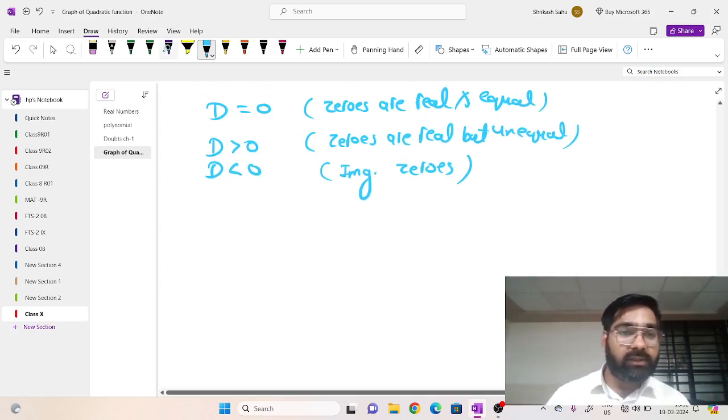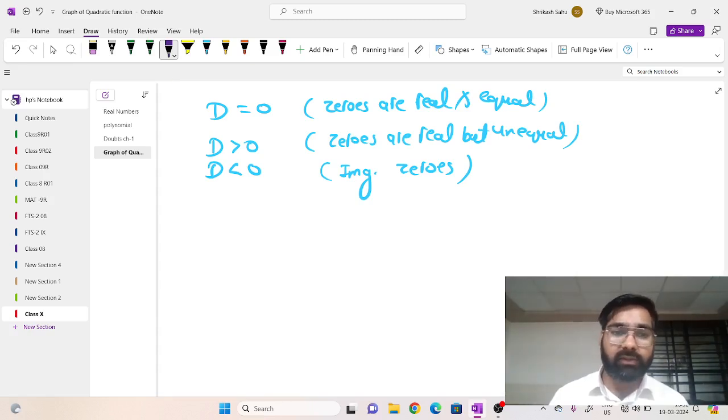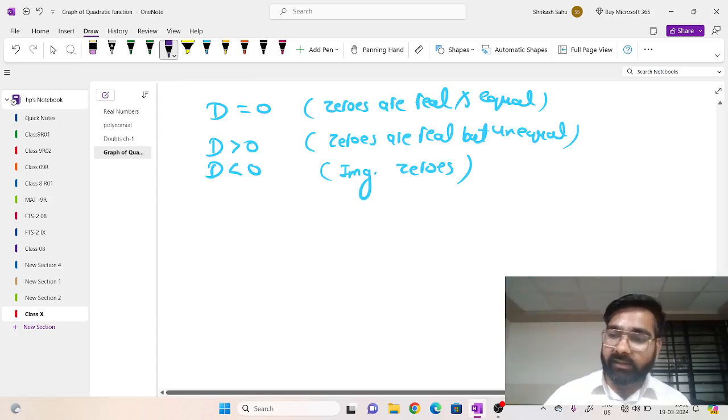Because the nature of roots also tells us about the graph, that is, whether the graph of a quadratic function cuts the x-axis at 2 points, at 1 point, or at no point of the x-axis. It will be more clear by taking another example.